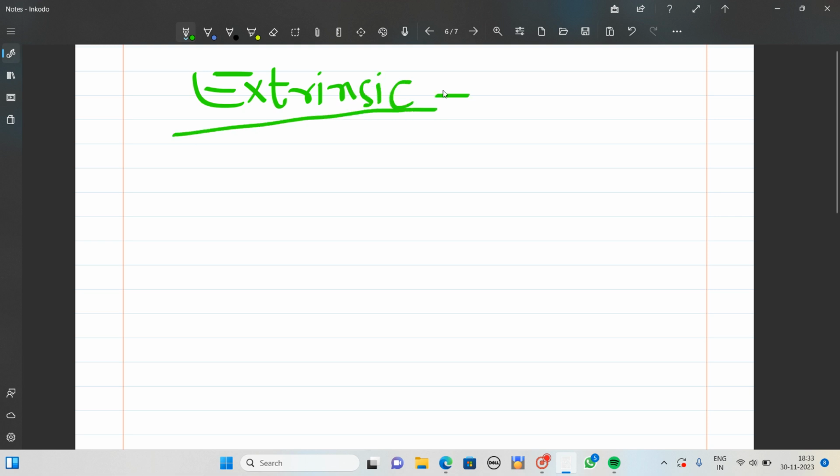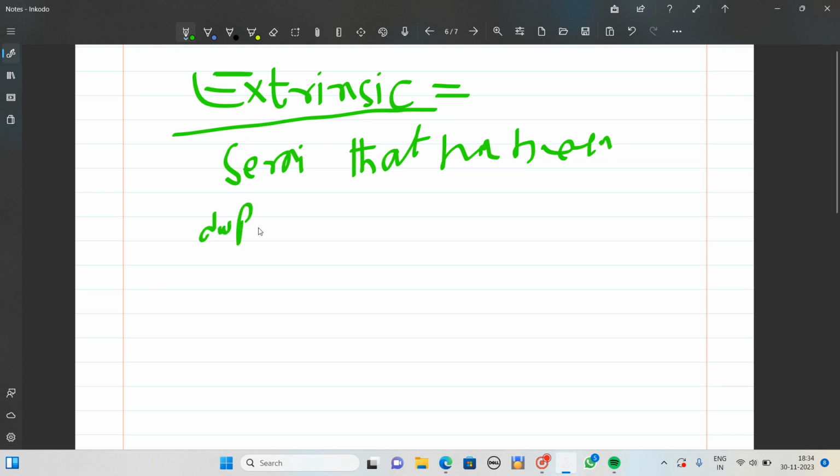It means the type of semiconductors that has been doped, so that they can have impurities.